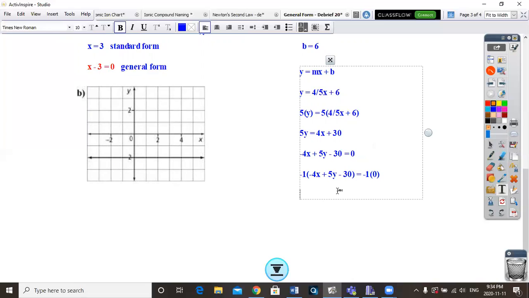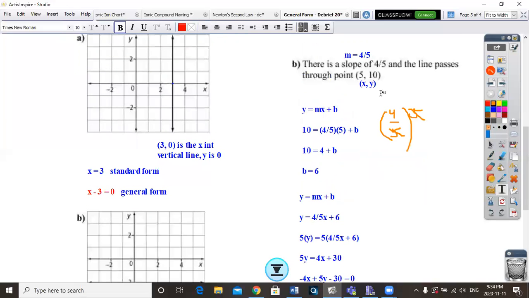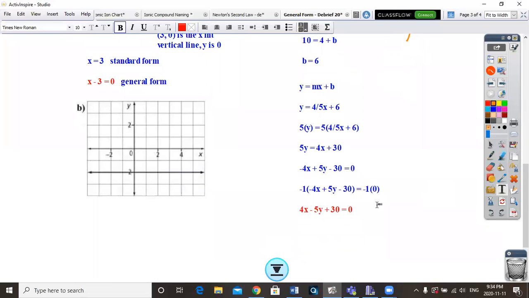So our final general form answer is 4x minus 5y plus 30 equals 0. And that is the general form of the line that would pass through (5, 10) and have a slope of 4/5. 4x minus 5y plus 30 equals 0.